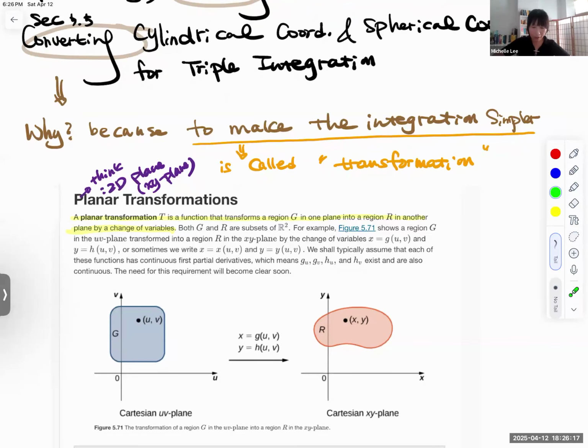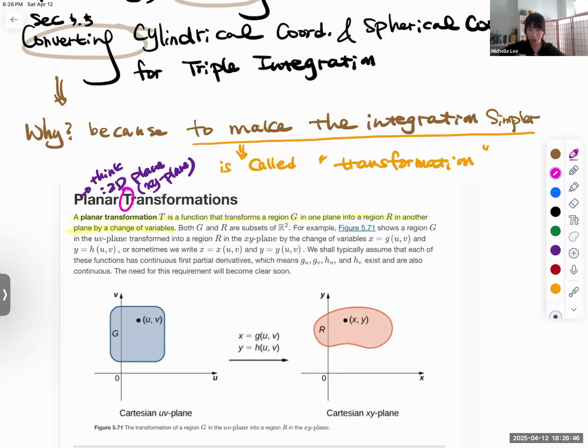Okay, let me just read: planar transformation. Planar is like a plane, right? So the 2D plane, XY plane. So the planar transformation T, we are just using the first letter of transformation.